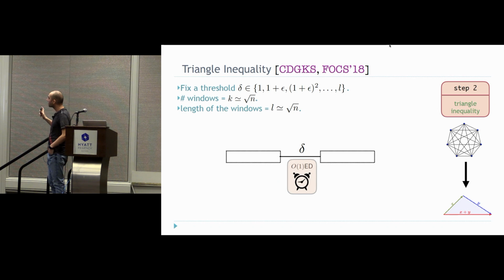OK, so there's a stupid algorithm: for every pair of vertices, just compute the edit distance and verify whether there's an edge or not. We don't want to do that, because if you do that, the runtime is going to be quadratic. What we want is to spend less than edit distance time per edge. And keep in mind that the graph is dense in this step.